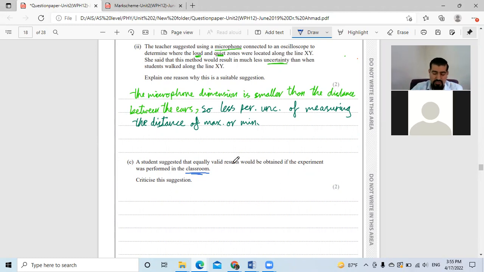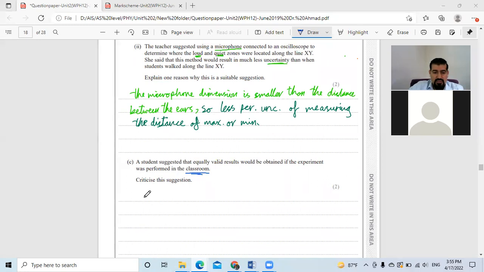There will be reflection of sound from several walls, which makes it hard for us to find where the maxima or minima are, where there is constructive or destructive interference, because there are more reflections, not only from the two speakers but from several walls. So there is more sound, and it will not be clear where the maxima and minima are.